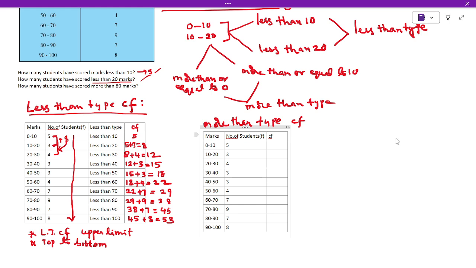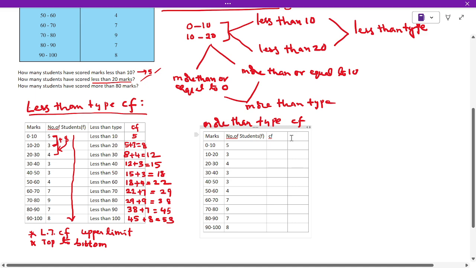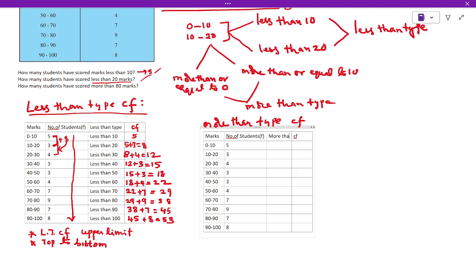Let me write down this cumulative frequency here, and this is the more than type.